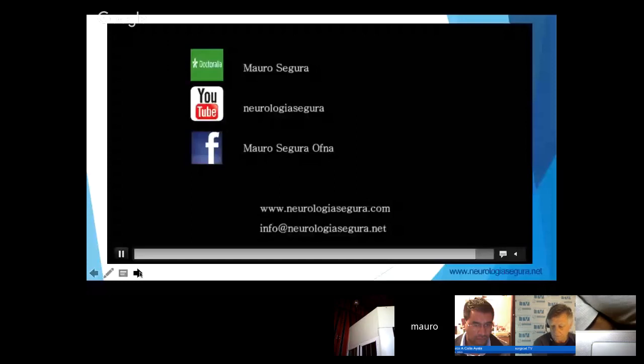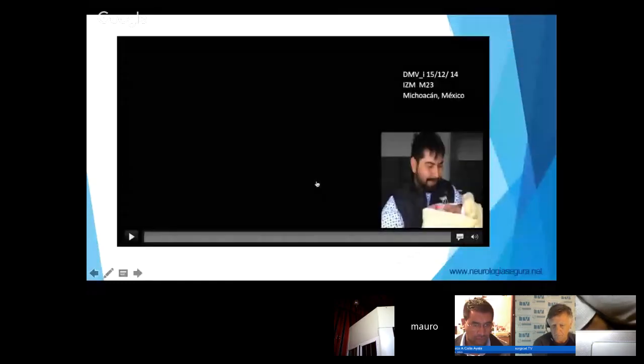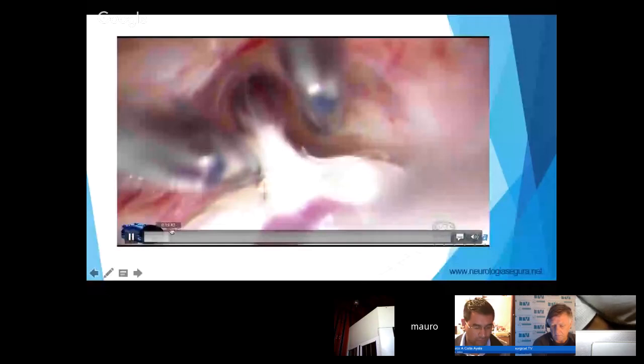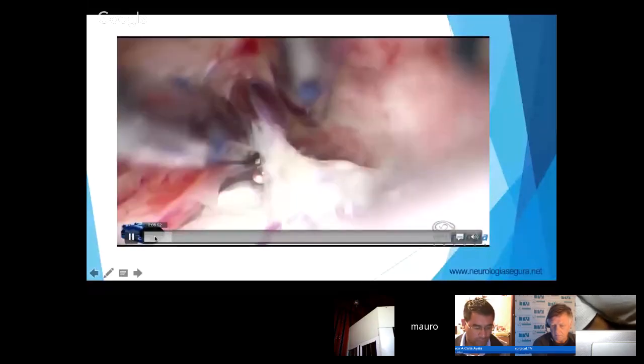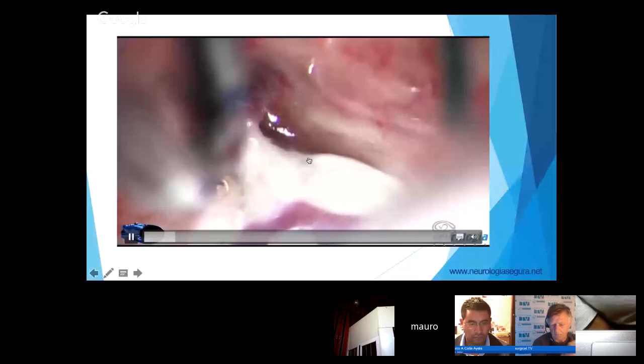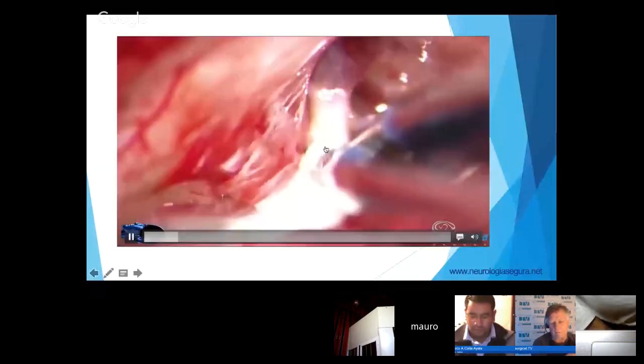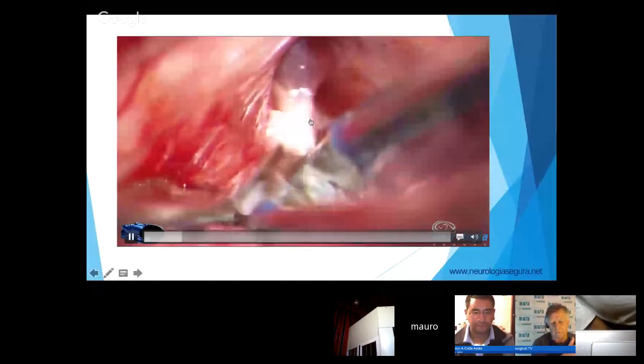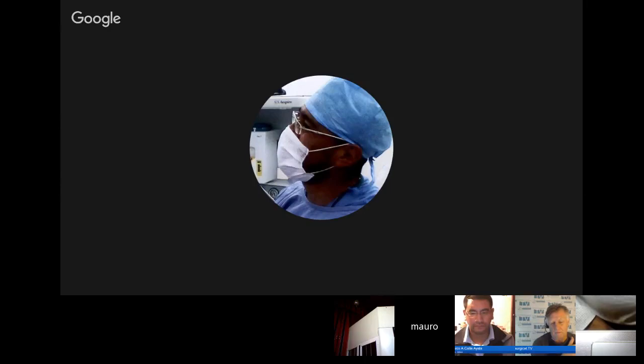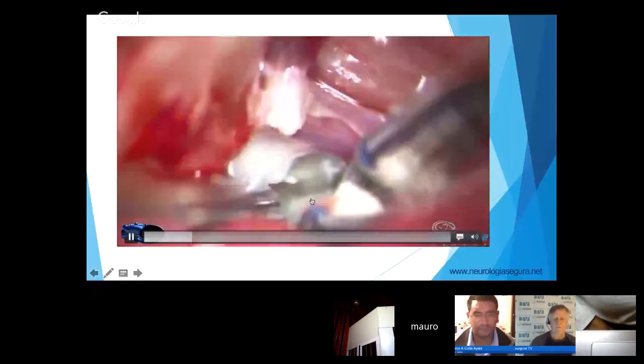Another case, the second MRI I showed. Also, this is the characteristic structure, white, soft, easy to aspirate, and this is different than people imagine.